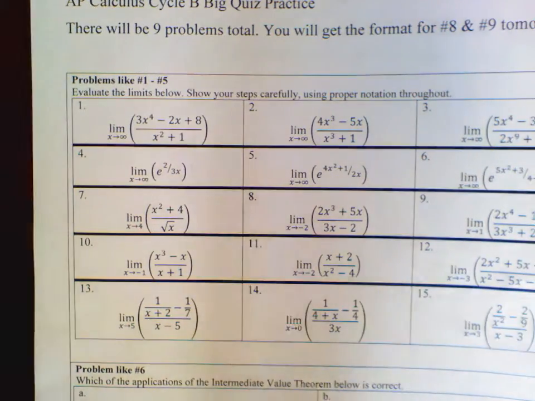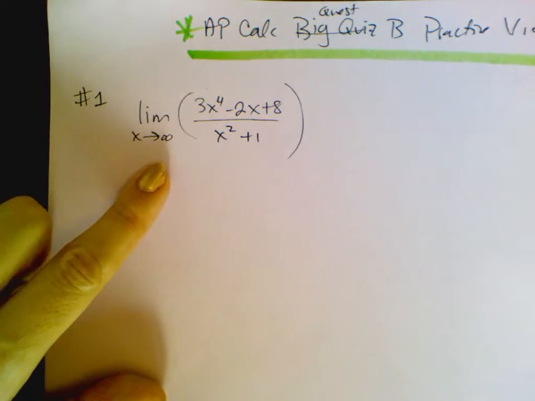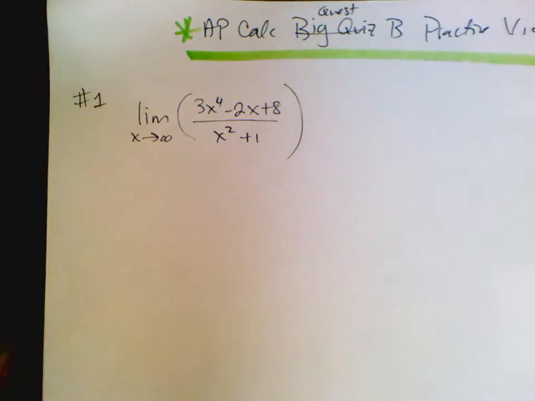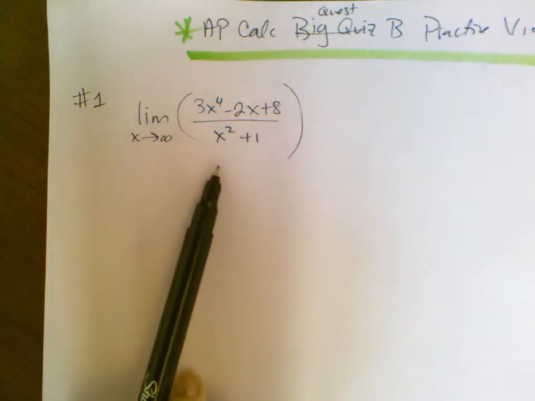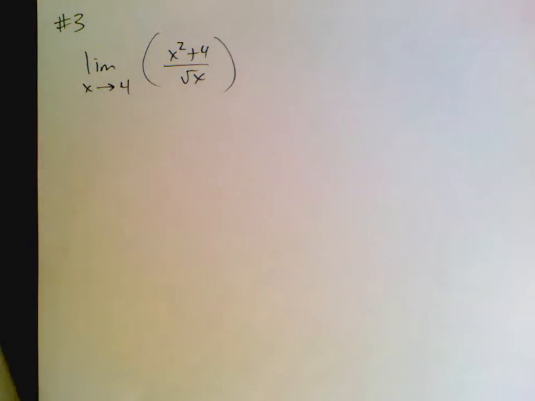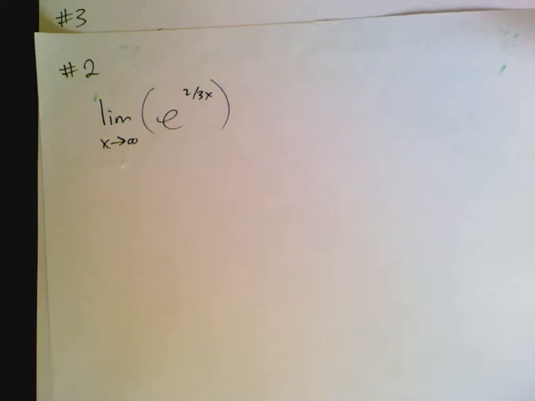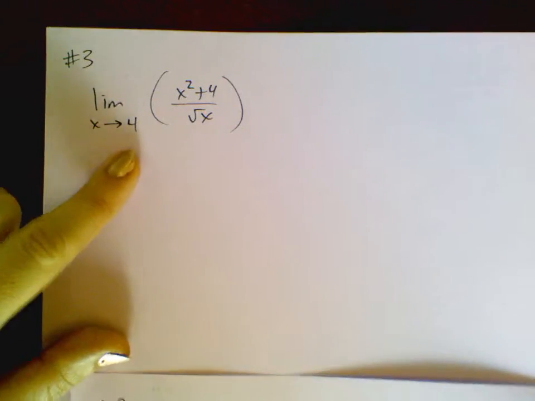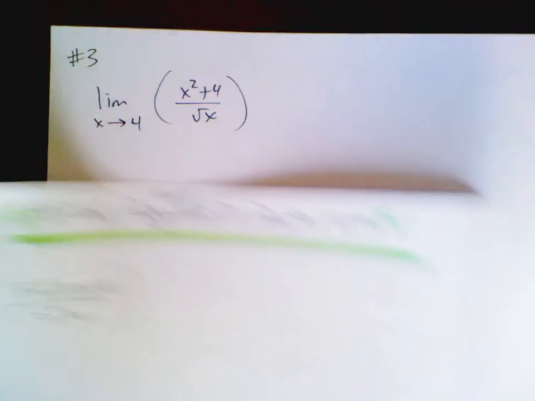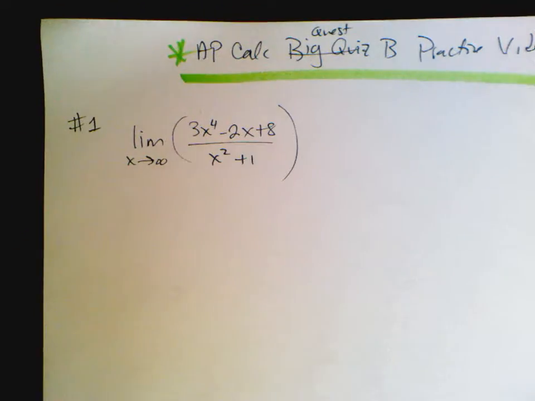So number 1 is not necessarily going to be like this, but one of the 5 problems will be like this. Same with number 2 and number 3. Hopefully that's clear. It actually won't be in this order at all.